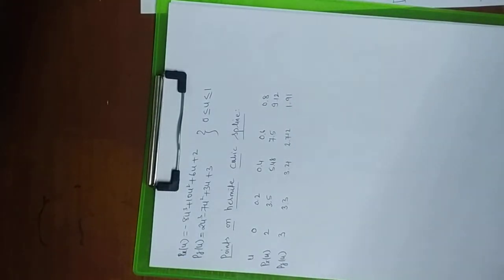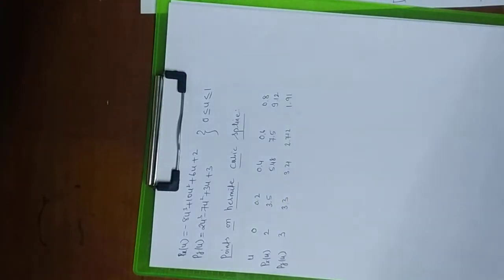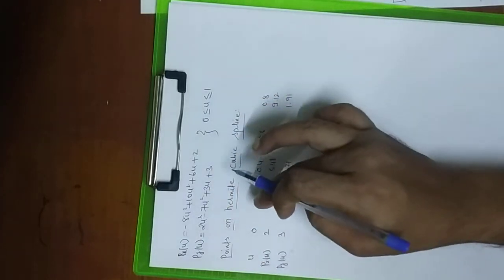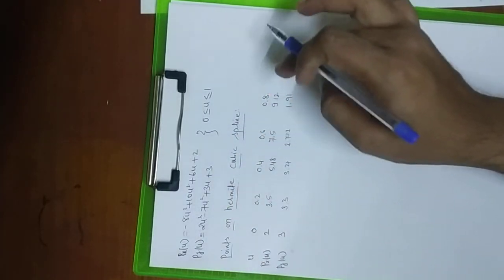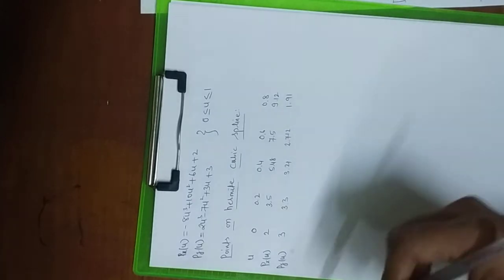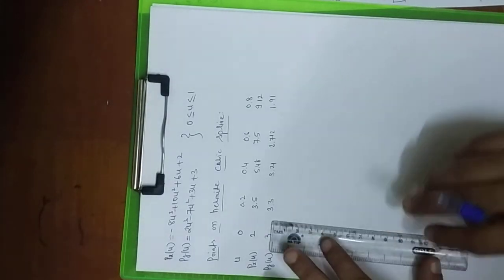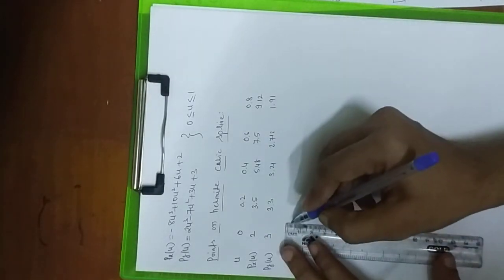Okay, this is the calculation I have already done in the calculator. Just put the values 0.2, 0.4, 0.6, 0.8 in the equation in the calculator, and you will get all these values. Okay, and after this we need to draw the curve.